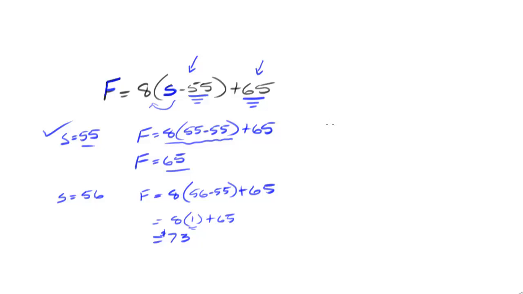Let's use another straightforward example. We'll just use something like 58 miles an hour. If you plug it into this, what happens? In the parentheses, we're going to get 58 minus 55, which will give us a 3. So we get 8 times 3 plus 65. And again, we're always going to be adding on this 65.